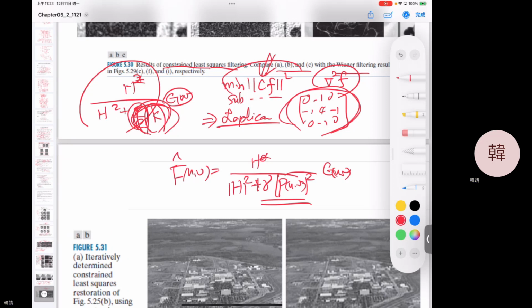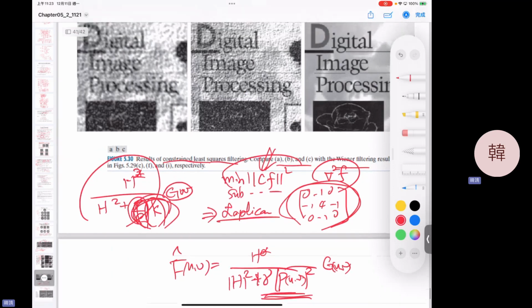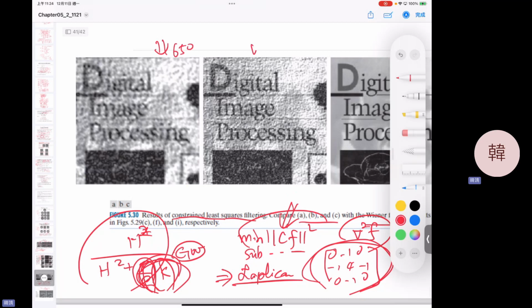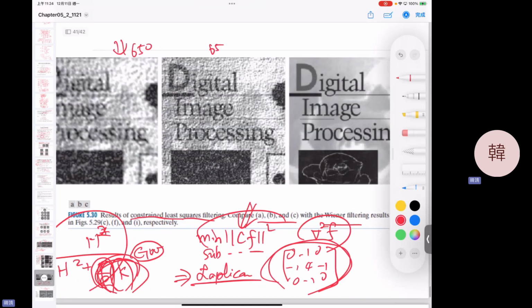Okay, so you can do different minimize objective functions. Here just change this one, and you can compare for different levels of noise degradation. Additive noise, different levels. This is the original 650, and this is 65, and this 5 order, I don't know, they didn't mention, maybe only 0 point something. Sigma variation only point something, very small.